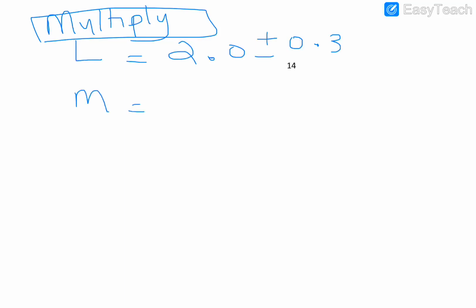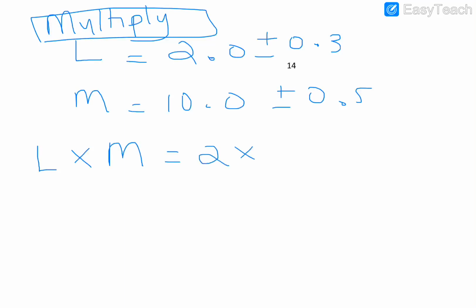M is 10.0 plus minus 0.5. Okay, so first I'm going to find the value. So L times M, 2 times 10. So 20. Okay, don't worry about SF or DP here. Just calculate the value and put it there.